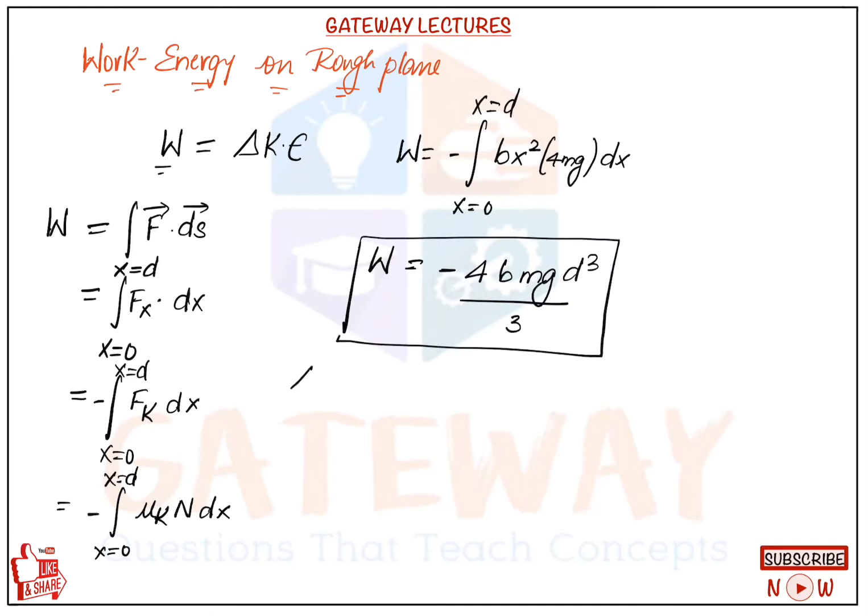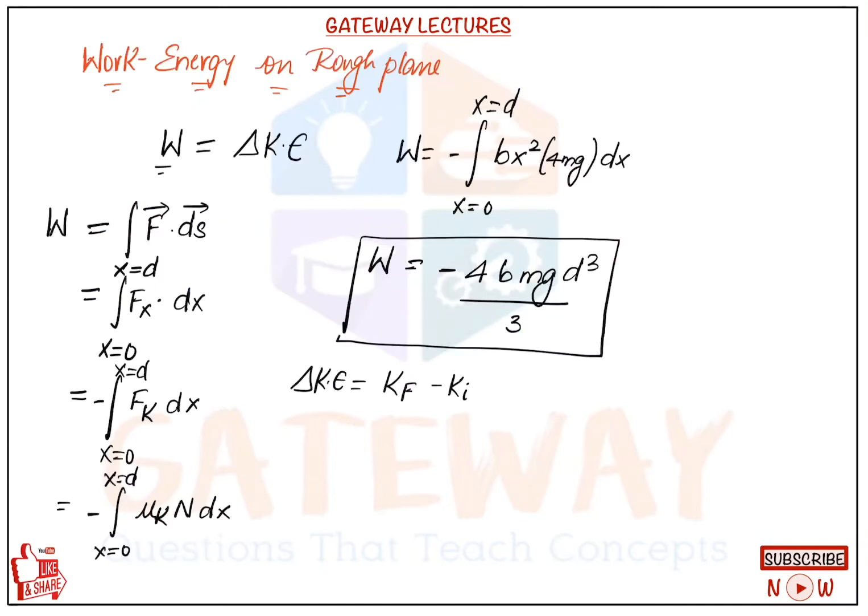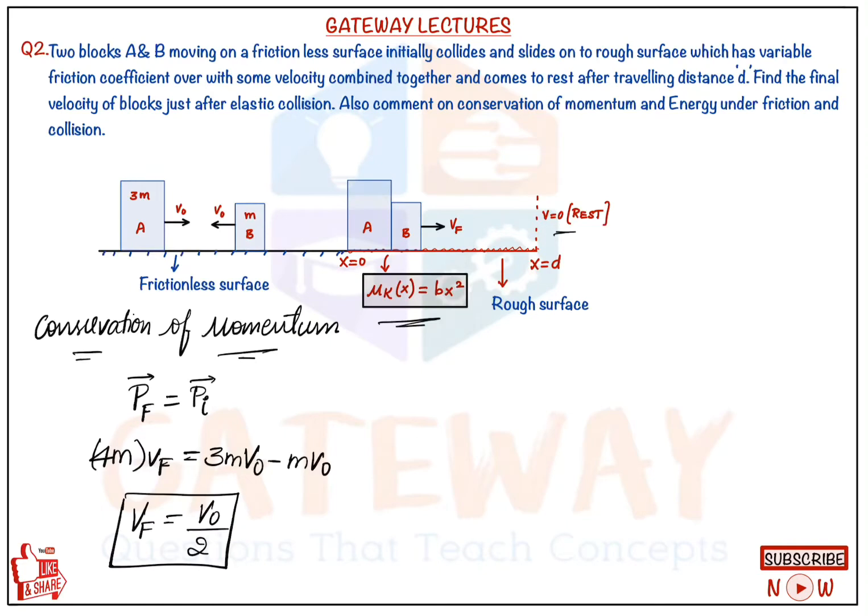and that must be equal to delta KE, and delta KE is always K final minus K initial. We know finally the block will come to rest, so the final kinetic energy will be 0. We'll have only the initial kinetic energy, so it is minus half into the initial kinetic energy, when the block started at x equal to 0.